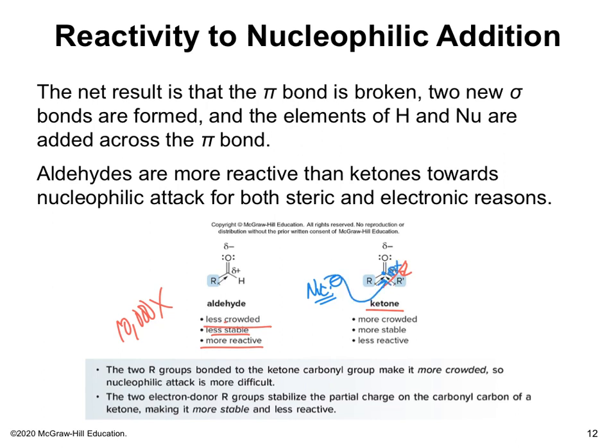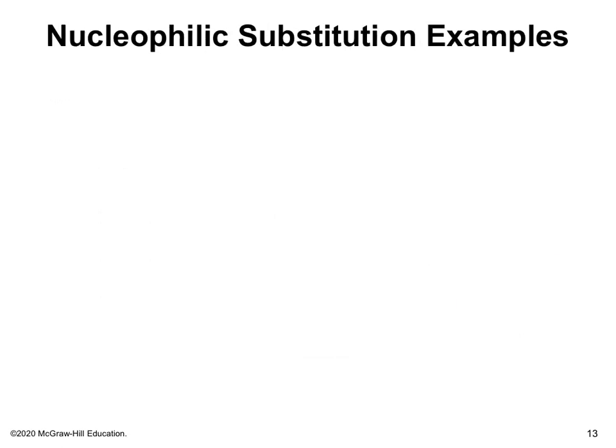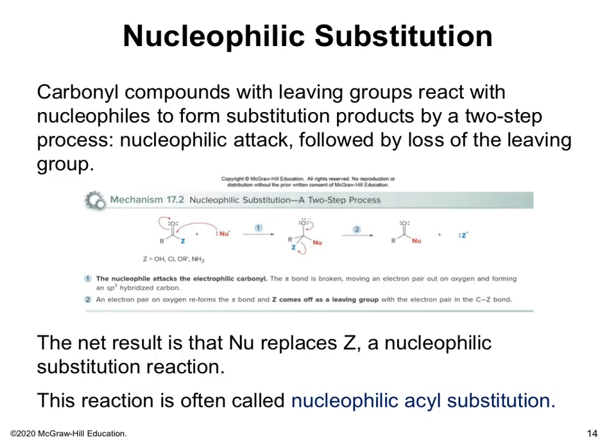It's actually the Bürgi-Dunitz angle. So this has been studied. I think it's a 107-degree angle at which the nucleophile attacks, and because ketones are more crowded, they're going to be more stable, which is good for ketones, but they're going to be less reactive. All right, we'll just go forward.